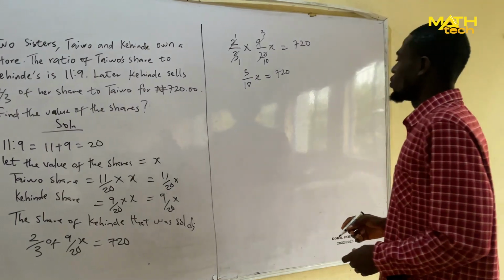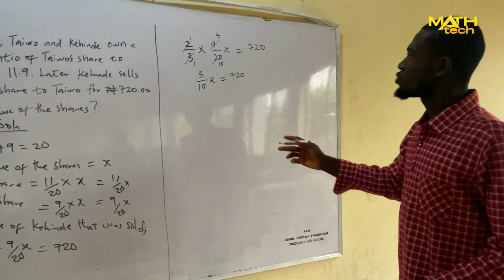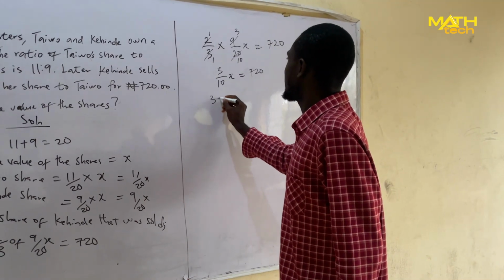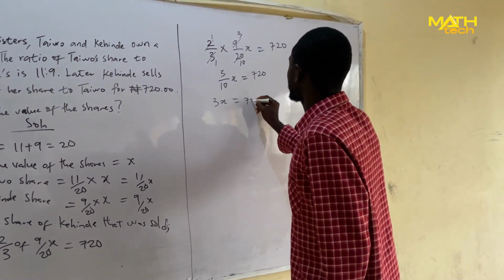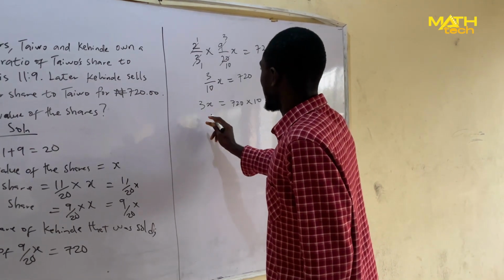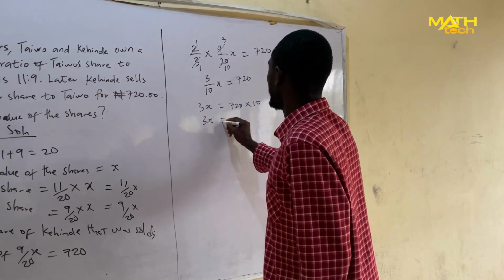So we cross multiply at this point. Crossing multiply, we will have 3x equal to 720 times 10.